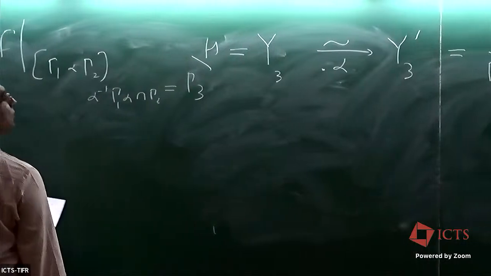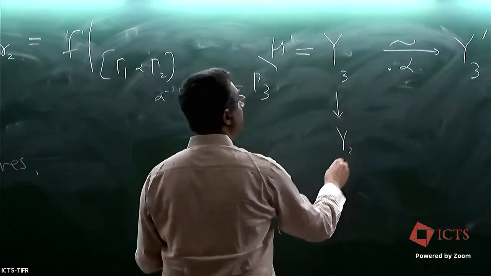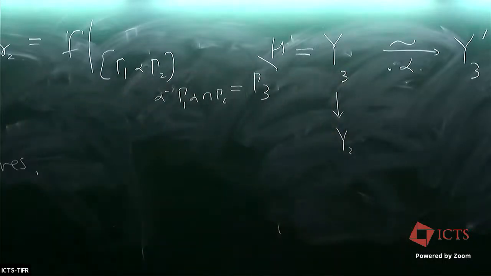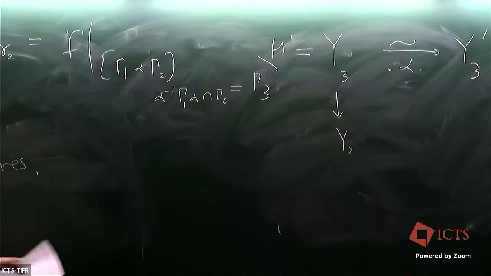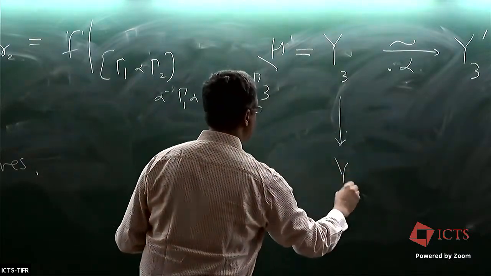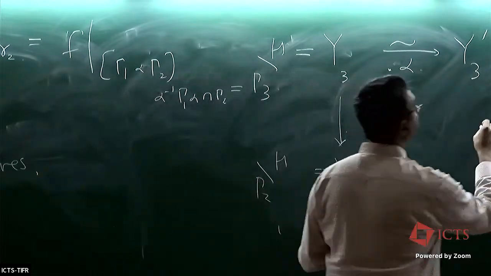All right, so we have Y3 and Y3 prime, but they're not really the main objects of interest. We only really have gamma 1 and gamma 2. So more importantly, there are these maps to Y2, which is H mod gamma 2. And similarly, there's a map here.